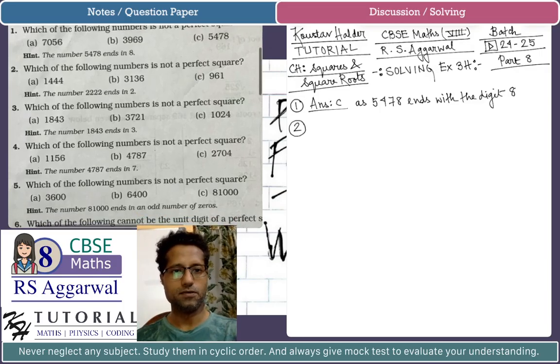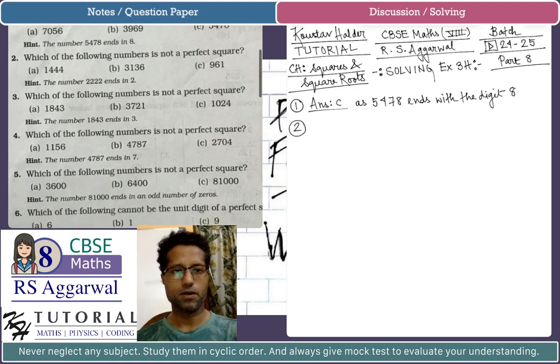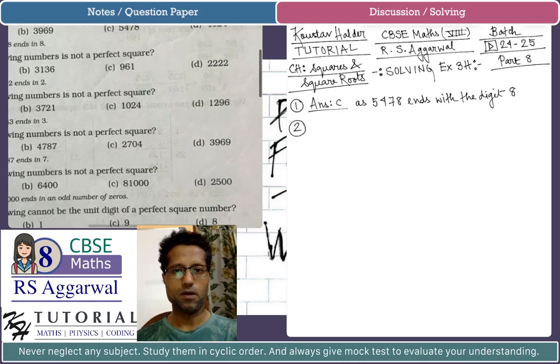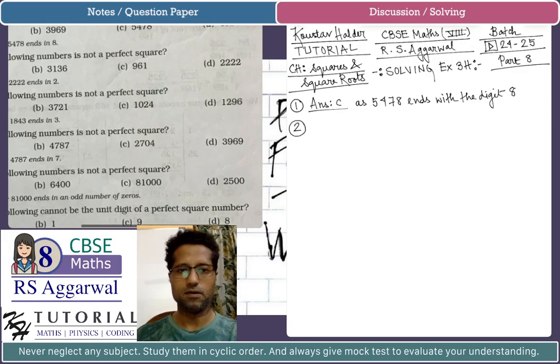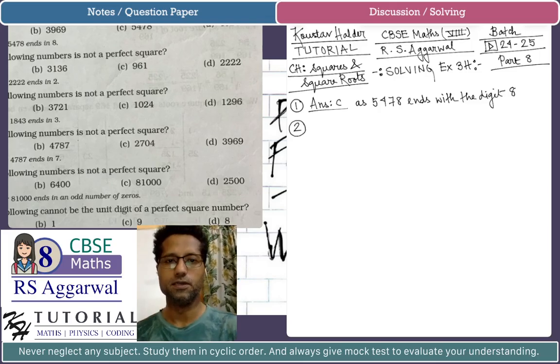Question number 2 says, which of the following numbers is not a perfect square? Since these are multiple choice questions and only one choice will be correct, obviously we can say that the number 2222 cannot be a perfect square because it ends with the digit 2.